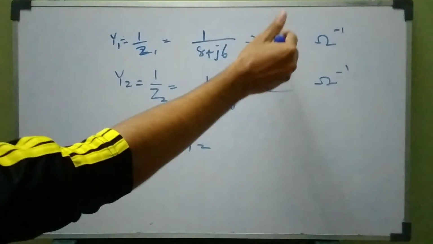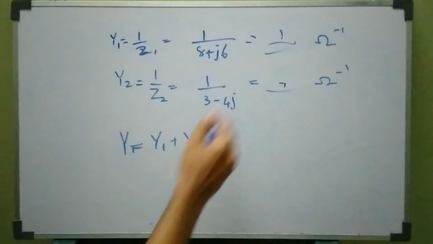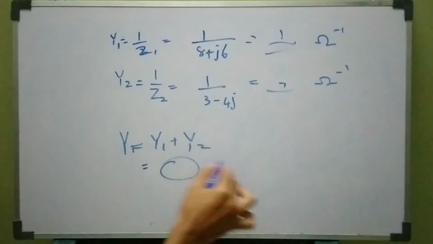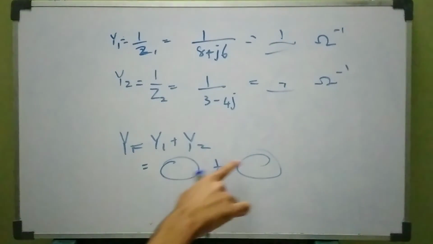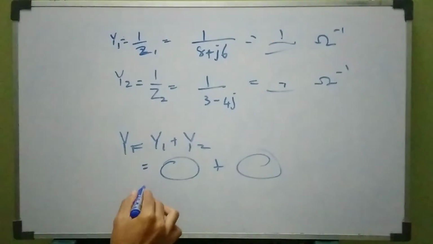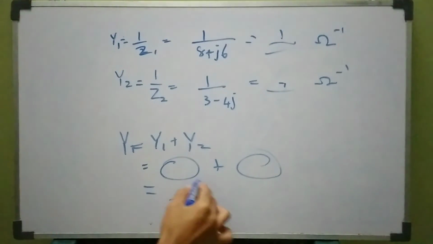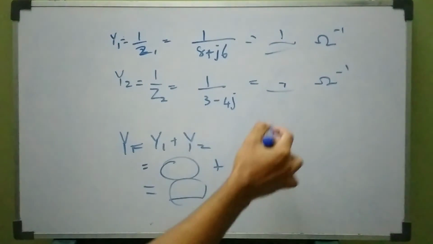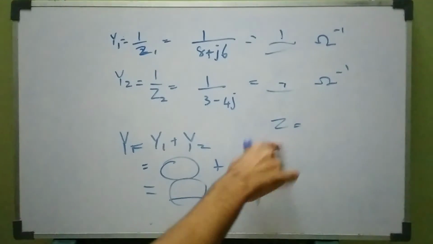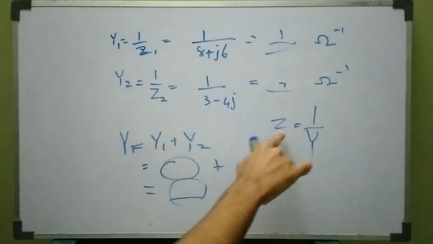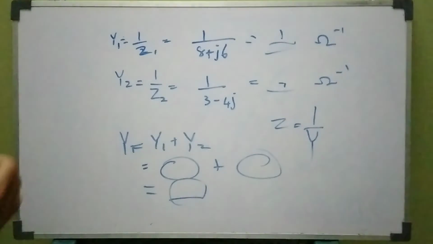So we can directly get an answer for this, and after that we can substitute. If we use complex numbers, it would be easier to add those. So we will get the final answer. After that, we need to find the total impedance using Z is equal to 1 over Y. After finding Y, we need to convert and find the Z value for that.